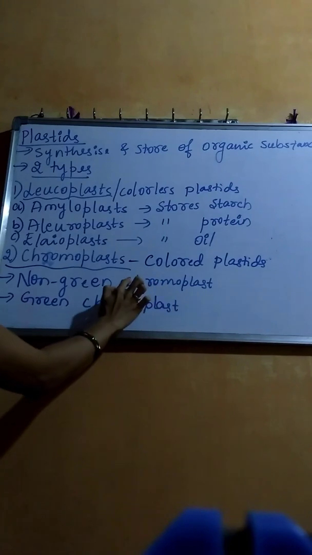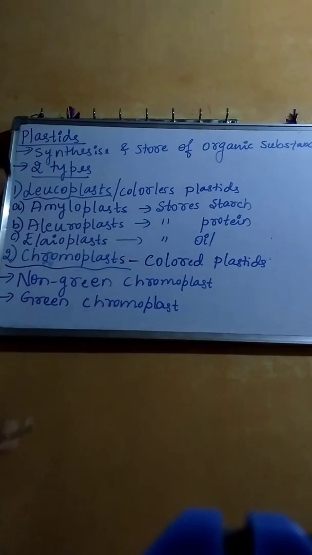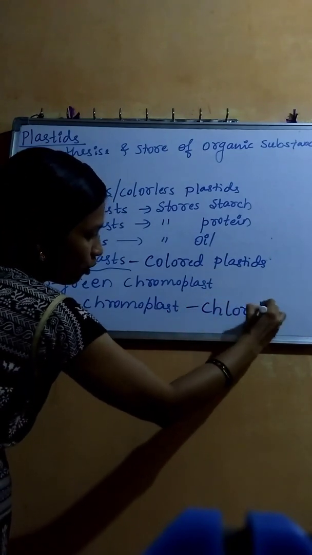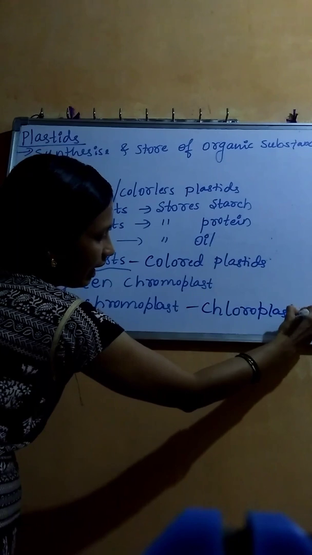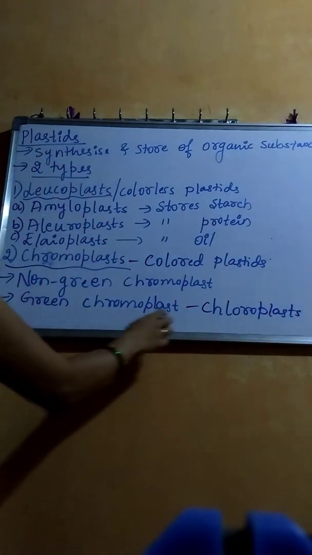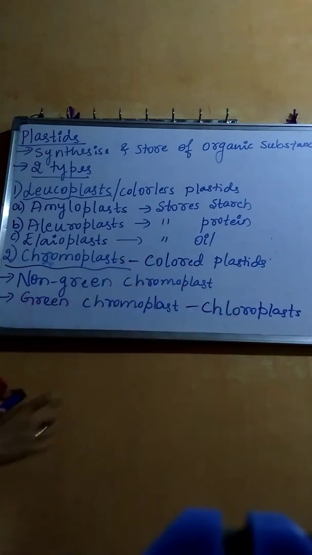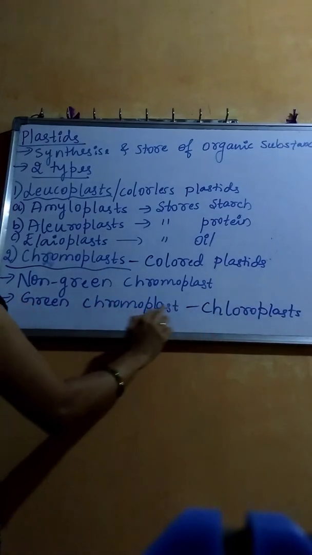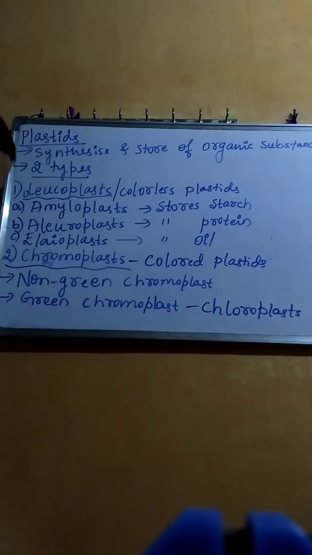Whereas the green chromoplasts include chloroplast and are photosynthetically active, meaning they perform a major role during photosynthesis, the synthesis of food. One of the main green chromoplasts is the chloroplast.